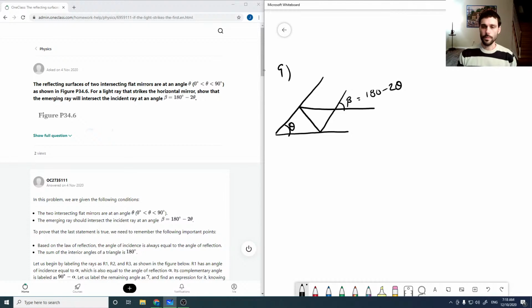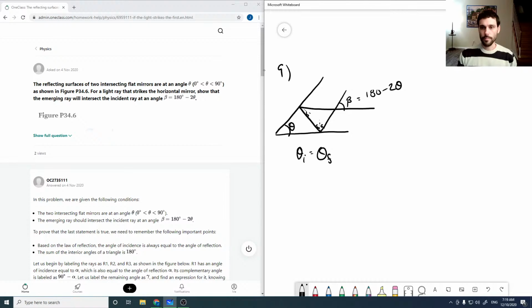Okay, so the way to do this is to look at these angles here, and I'm just going to call this A. Now for a reflective surface, our angle in is equal to our angle out. So that means that those are both A there.